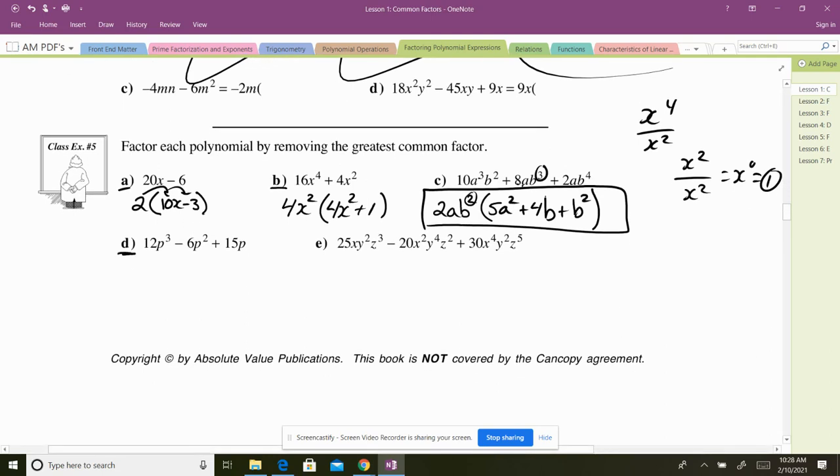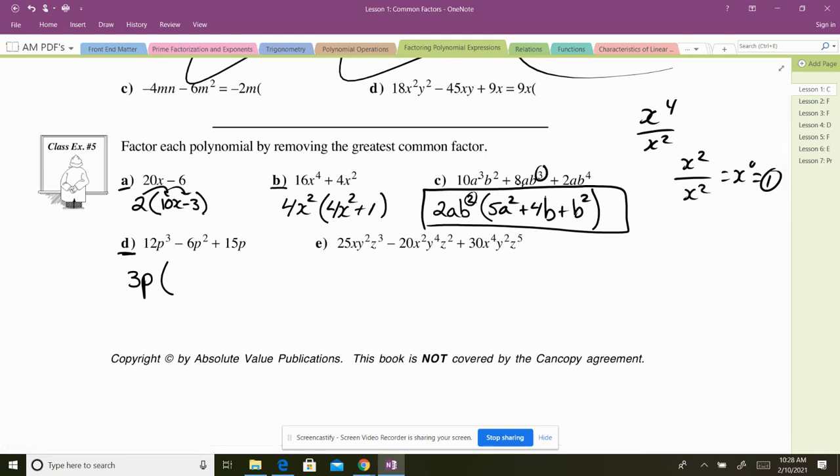D. 12, 6, 15. What number goes into all of them? 3. p cubed, p squared, and p. All right. What do I do?